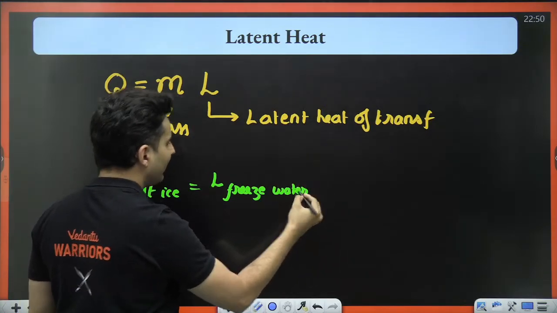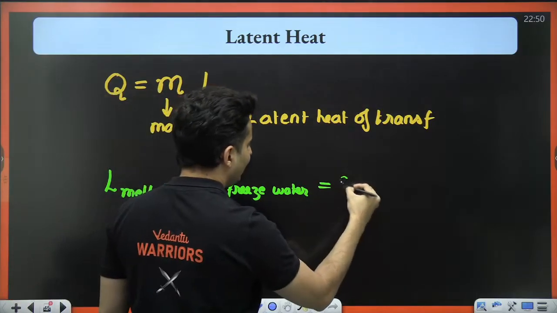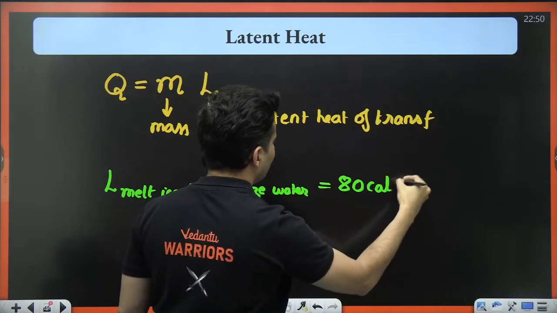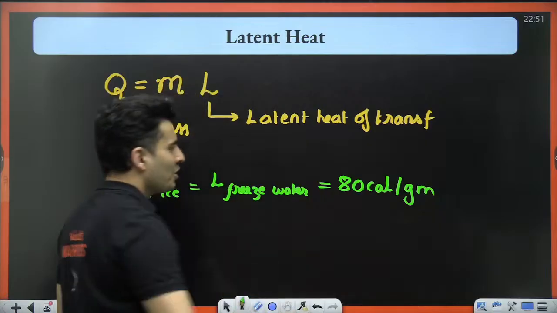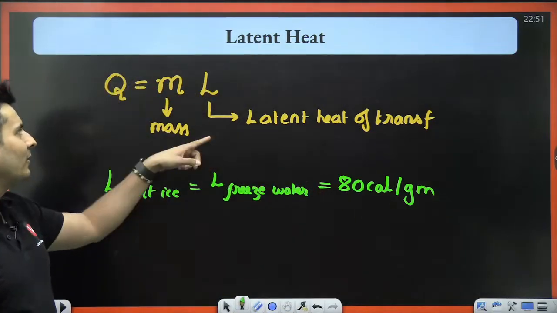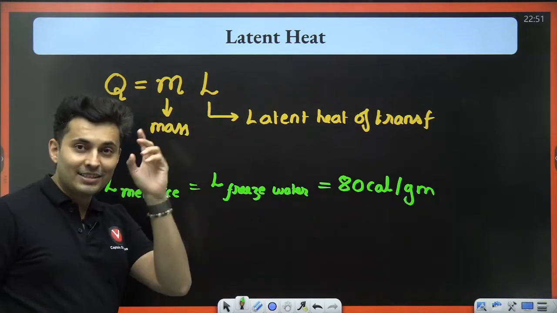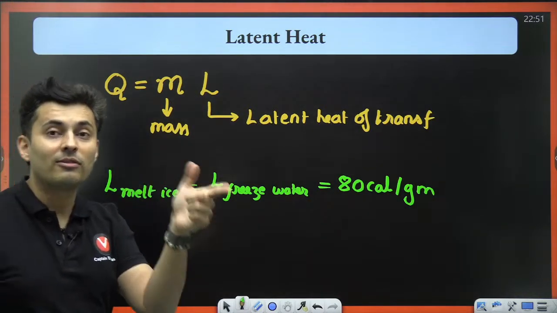So water freezes into ice or ice melts into water, it is the same. It is 80 calories per gram. To melt 1 gram of ice, you will need 80 calories of heat. 1 gram into 80 will make it 80. So 80 calories are needed to melt 1 gram of ice.